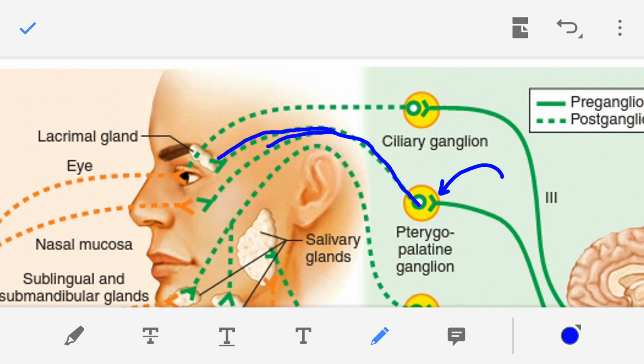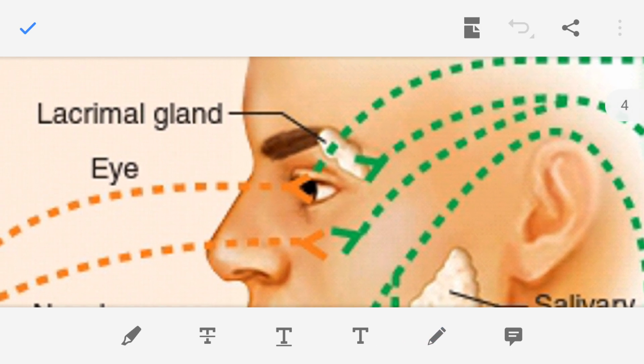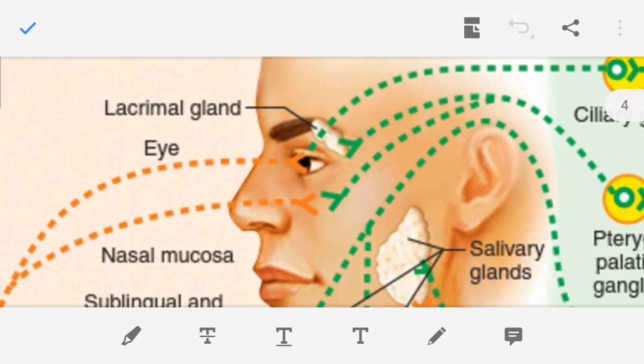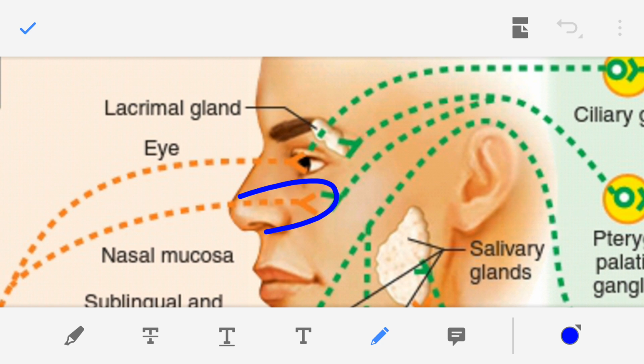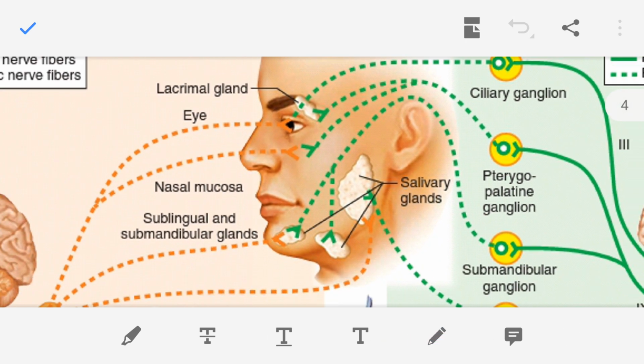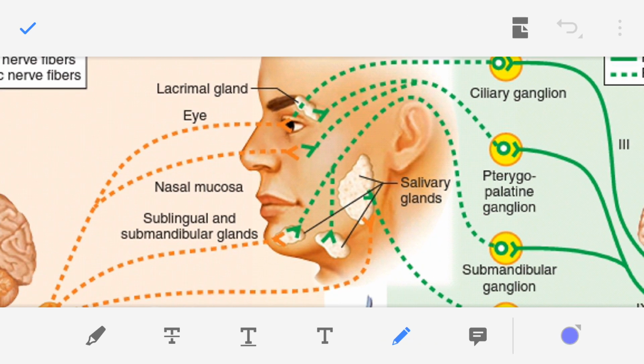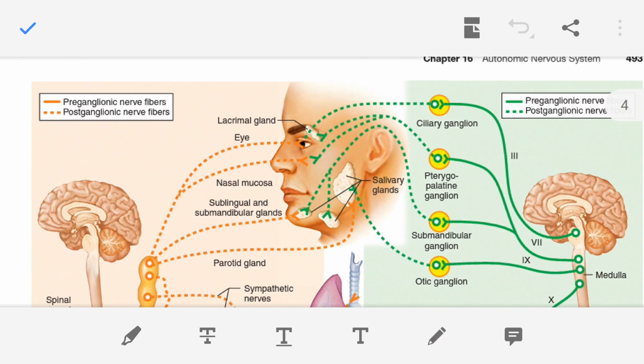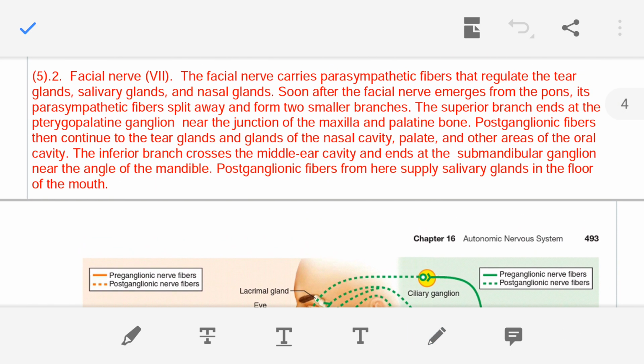As you can see, the postganglionic fiber innervates the lacrimal gland, the nasal cavity, then the palate, and also some part of the oral cavity.